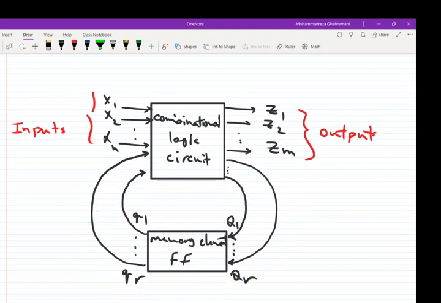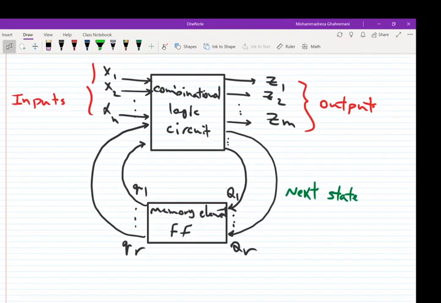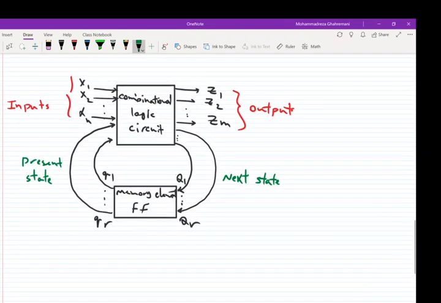So here we can say that the inputs of the memory element define the next state, as we discussed, and the outputs of the memory element represent the present state. Okay, and this is the general form of a sequential circuit.